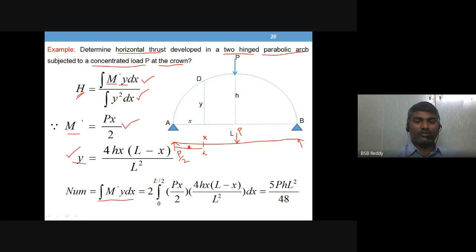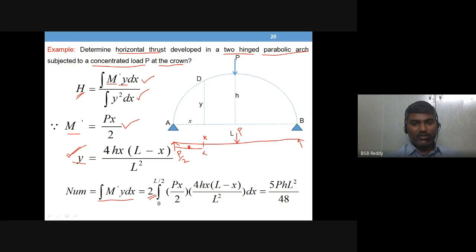Otherwise, you can go with 0 to L, it doesn't matter, because this equation is valid for 0 to L. As the symmetry prevails, you can take 2 times 0 to L by 2, where only half of the arch is considered and then made twice to get the total arch.